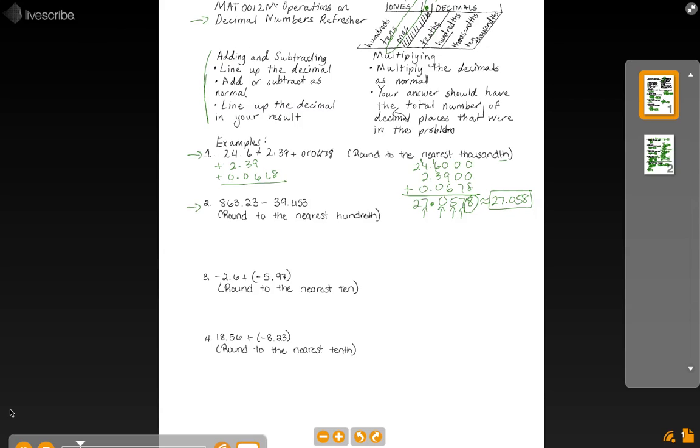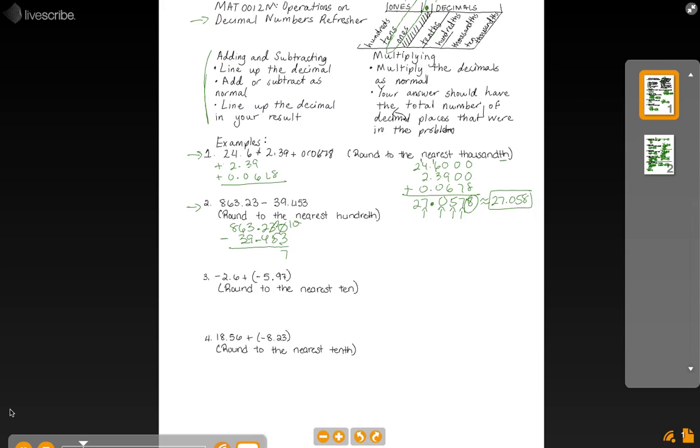Let's take a look at number 2. It's a subtraction. So again, I need to line up those decimal points. 863.23 minus 39.453. You can fill in a 0 there. Okay, let's start subtracting. I cannot subtract 3 from 0, so I need to borrow from the 3, make that a 10. 10 minus 3 is 7.